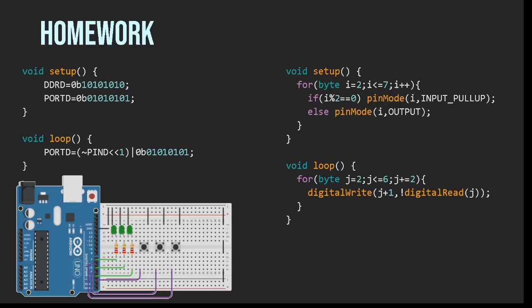So I will start with 2. So digitalWrite 2 plus 1, 3. I will be writing on 3. I have an LED there. My reading of the button that is in 2, right? So I read 2 and I write this value to 3, right? And I have this exclamation sign. And what does that mean? What's the meaning? It's a NOT. Yes. So if I read a 0, I change that to 1, and that's the thing I am writing, right?